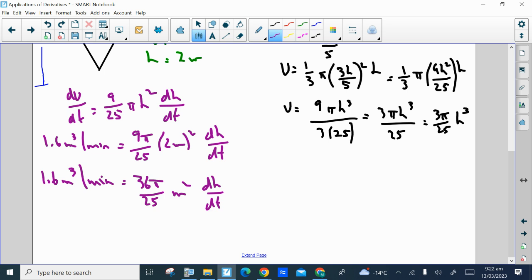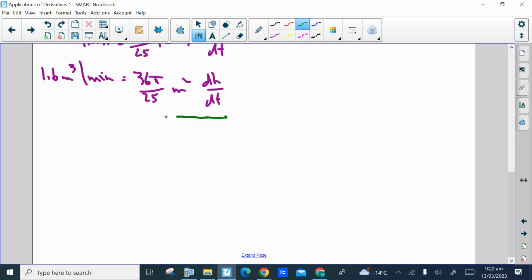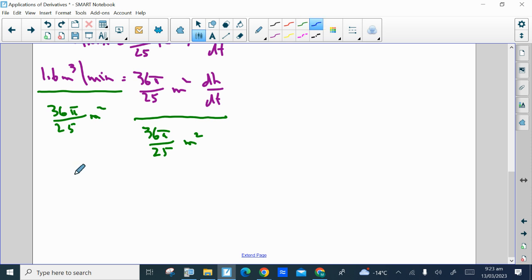And then we'll divide both sides by 36 pi over 25 meters squared. When you divide by a fraction, it's the same as multiplying by a reciprocal.